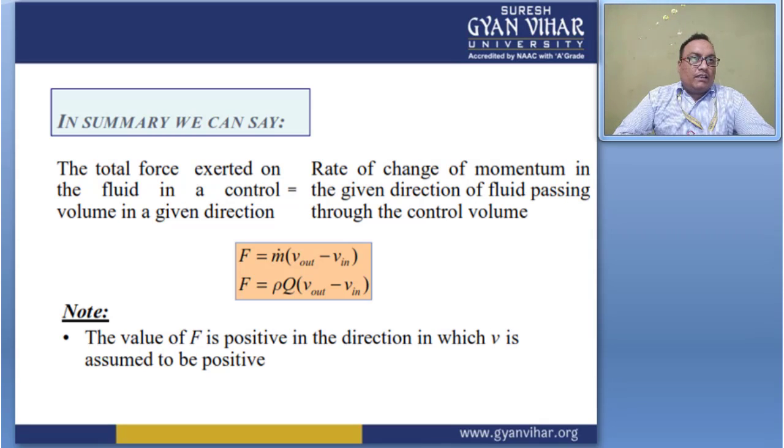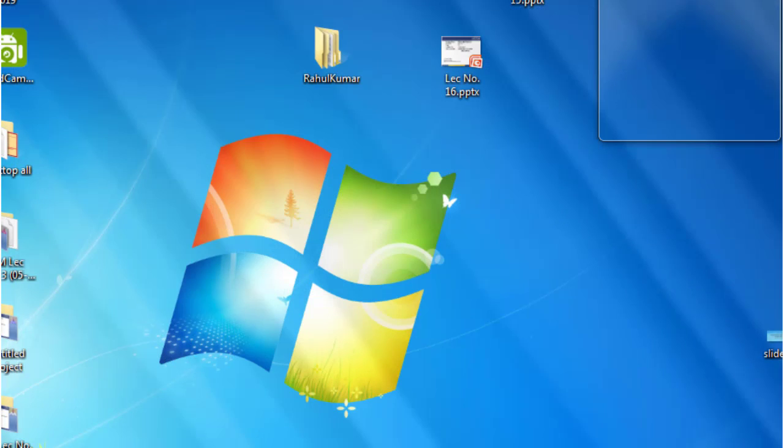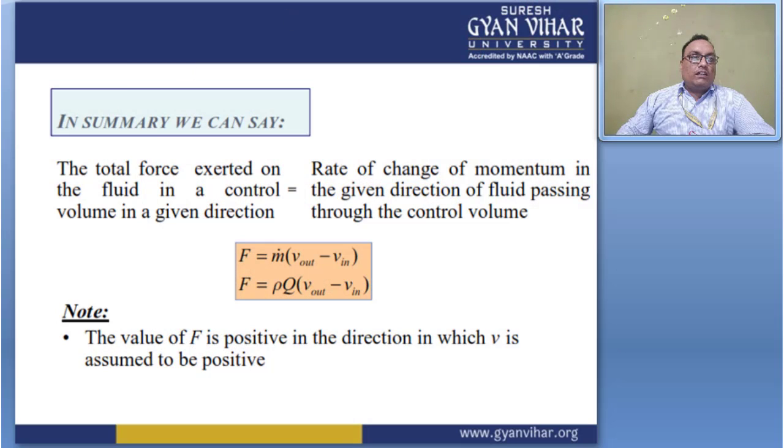In the summary, we can say that the total force exerted on the fluid in a control volume in a given direction is equal to the rate of change of momentum in the given direction of fluid passing through the control volume, and it is given by F equal to m dot times V out minus V in.